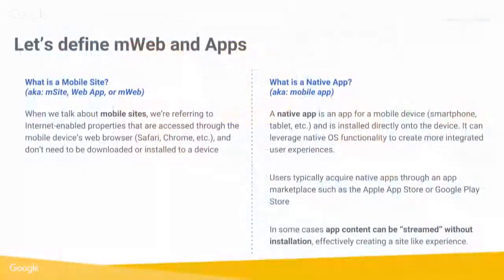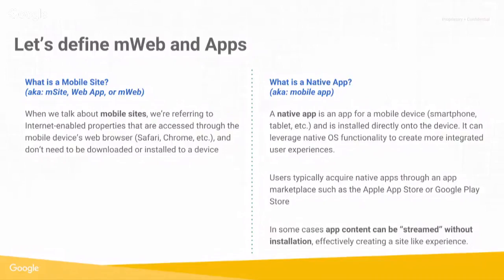So let's first get started by defining and explaining more the differences between what we call mWeb and apps. Starting with mobile web, we refer here to internet-enabled properties that are accessed through the mobile device's web browser, such as Safari or Chrome, and do not have to be downloaded on the device.